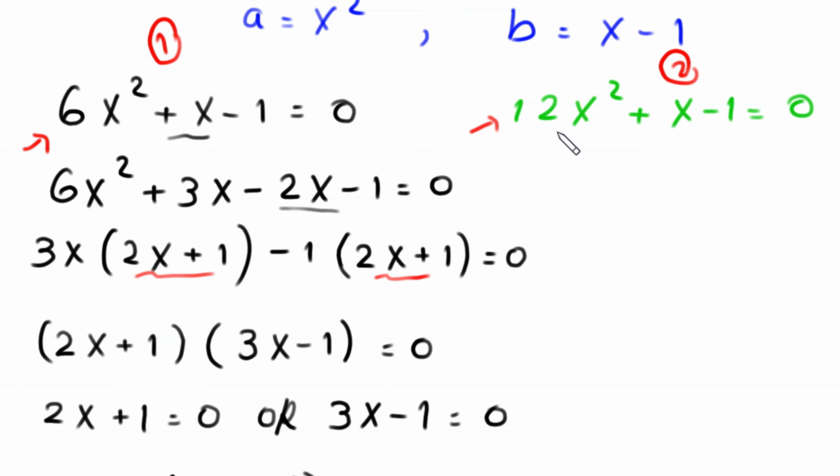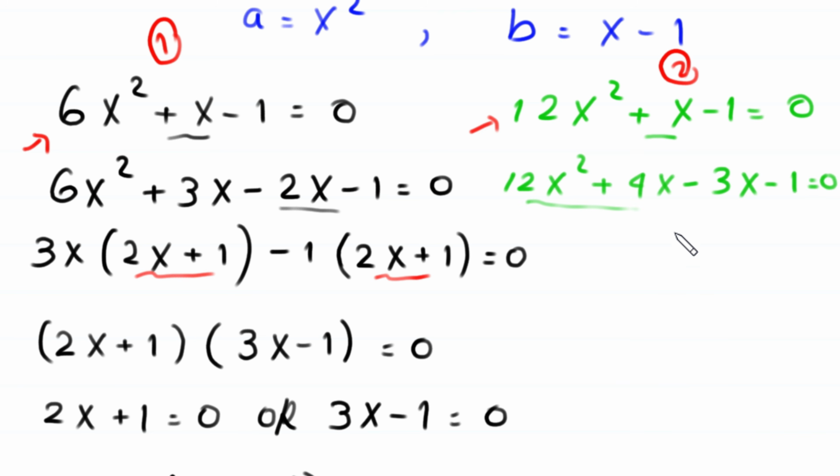This quadratic equation is factorable, so we solve it by factorization. We write this 12x squared and break this x into two terms, plus 4 times x minus 3 times x minus 1 equal to 0.